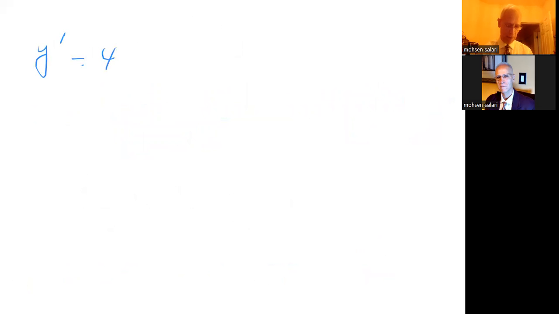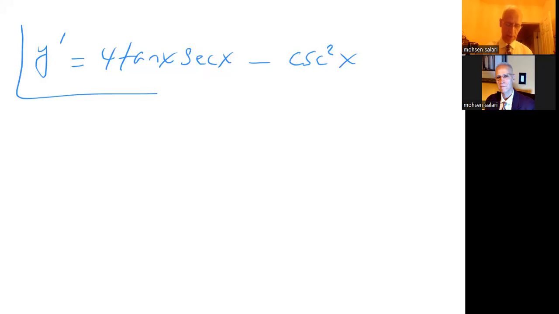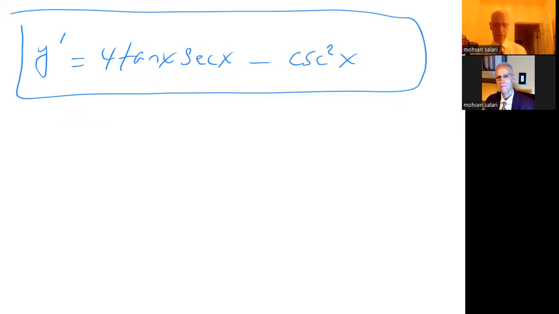Y prime equals 4 tangent of x secant of x minus cosecant squared of x. And let's see, was this the same as our previous answer?